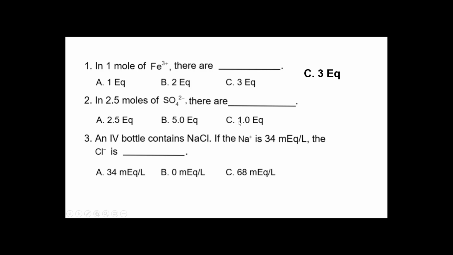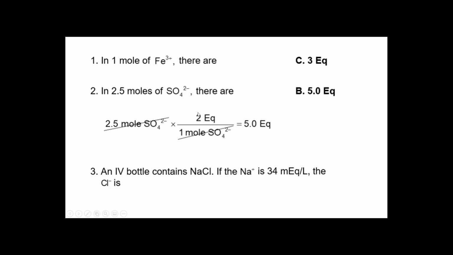That's not listed here, and it shouldn't be listed here because it would be wrong. That is our conversion, because unlike this one that's only representing 1 mole, this one's giving us something to work with, so we need to do dimensional analysis on this. So 2.5 moles of sulfate, we set up our conversion of 2 equivalents per mole, and this ends up with 5 equivalents, and that's B.